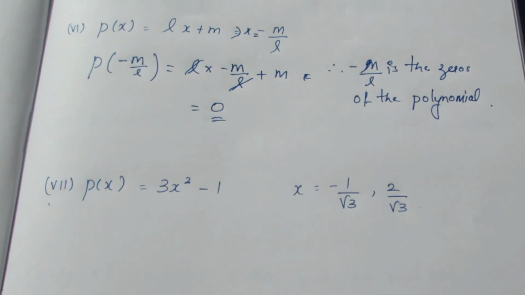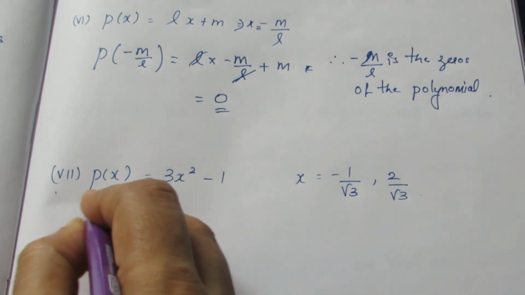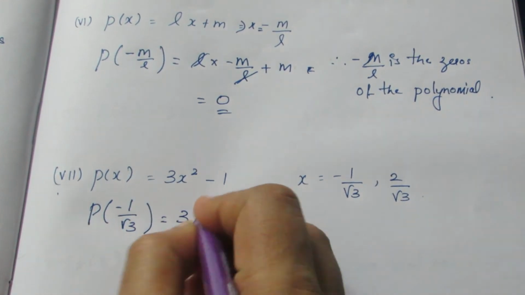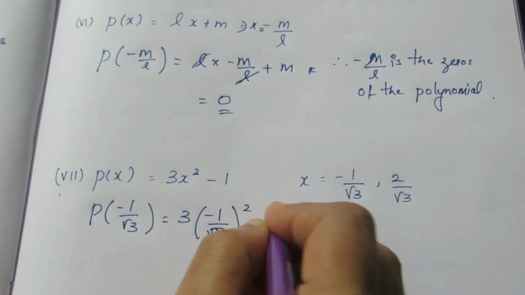So now we'll move on to the seventh one. In the seventh question, it's given that p of x is equal to 3x square minus 1, where x is equal to minus 1 by root 3 comma 2 by root 3. Substitute the value of minus 1 by root 3 in the place of x. So p of minus 1 by root 3 is equal to 3 into minus 1 by root 3 the whole square minus 1.